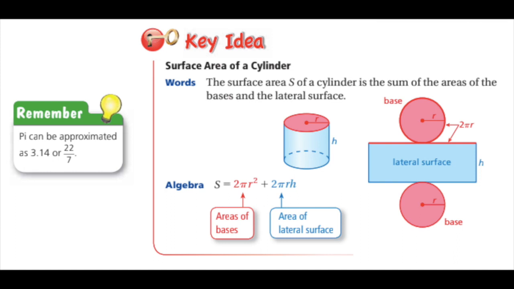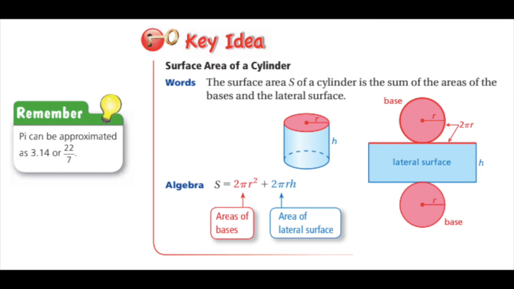So when we look at the algebra behind it, we see that surface area of a cylinder is equal to 2 pi r squared plus 2 pi radius times the height. And you can see that it's color-coded there for you, so you can make sense out of it. You have 2 pi r squared, which is in red or pink, and that coordinates with the base, the top and the bottom of that cylinder.